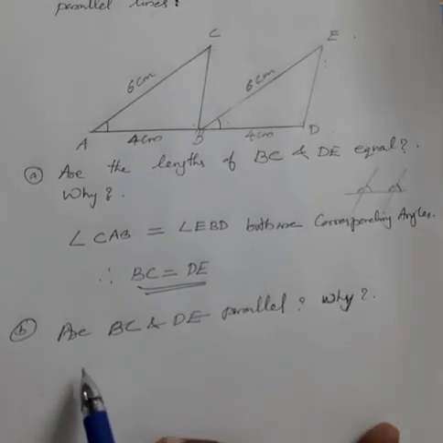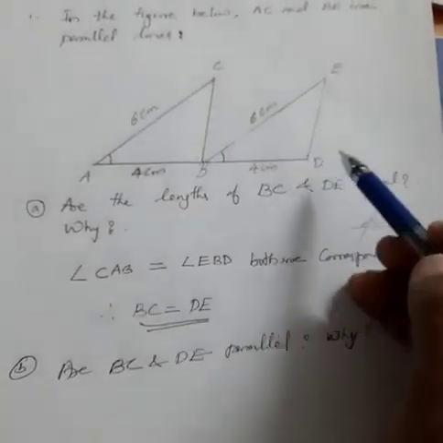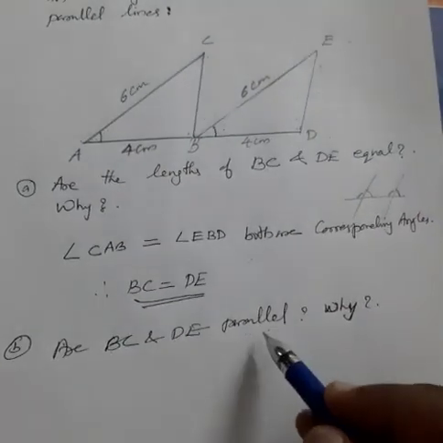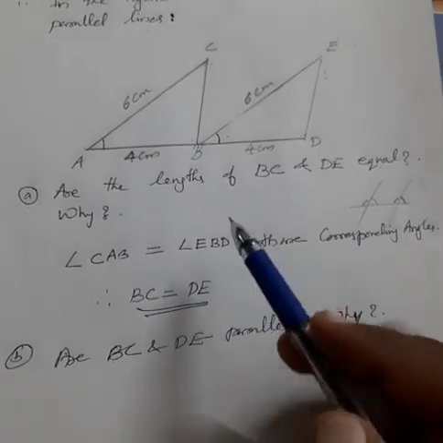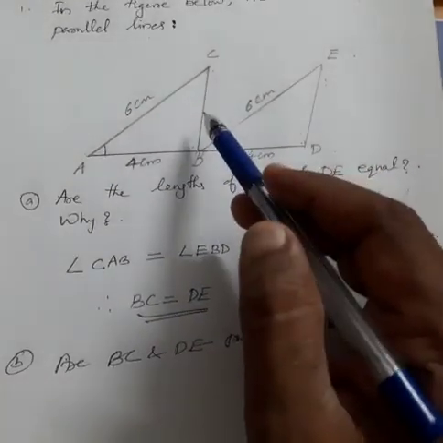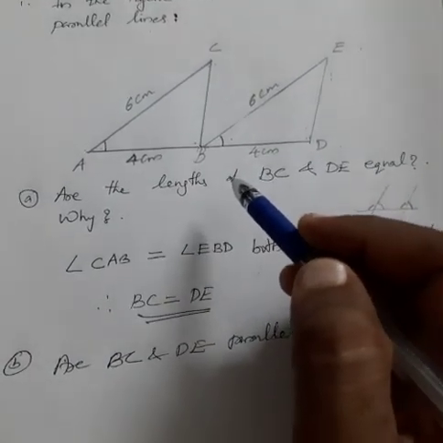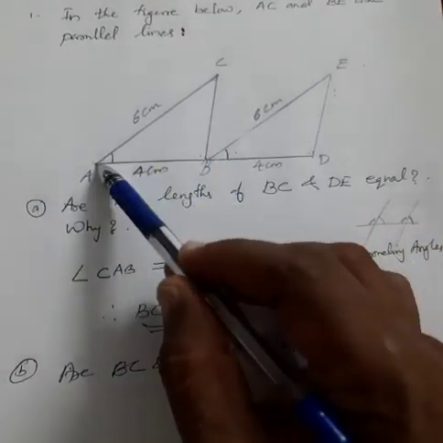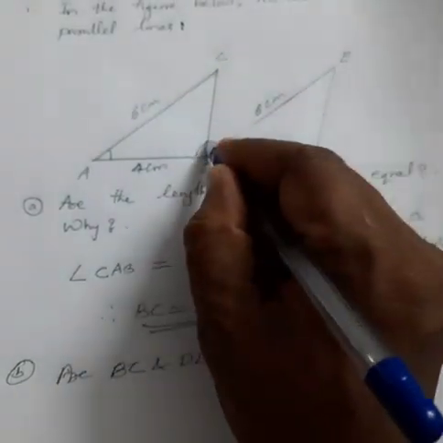The next question: are BC and DE parallel, and what is the reason? Same as the previous one, you have to find the other corresponding angles. Here one corresponding angle is ABC, the first corresponding angle.